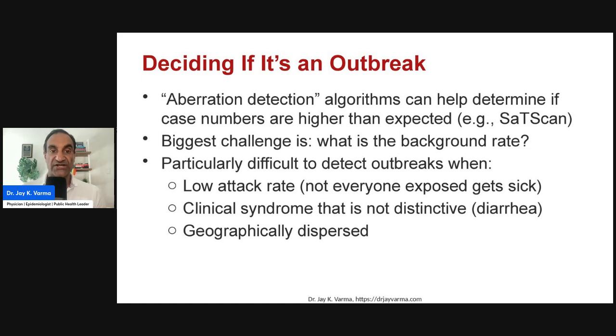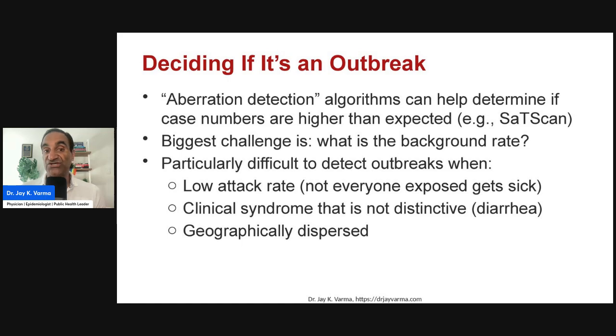The biggest challenge, however, is knowing what is the background rate of disease. This is particularly difficult to detect outbreaks when there's a low attack rate. For example, not everyone who is exposed actually gets sick. The clinical syndrome may not be very distinctive. It could be something like diarrhea. Well, there are lots of people that might get diarrhea for reasons that have nothing to do with having an infection.